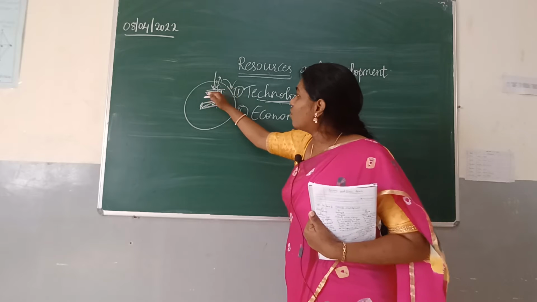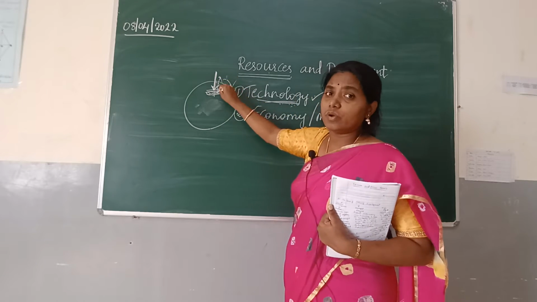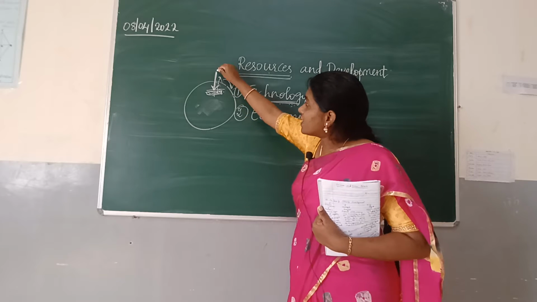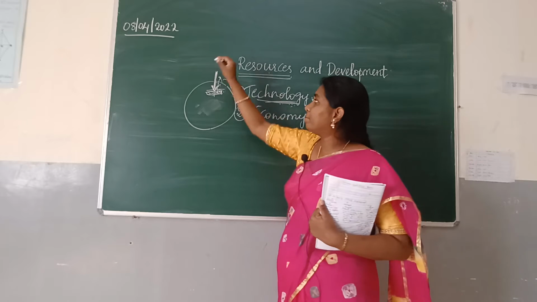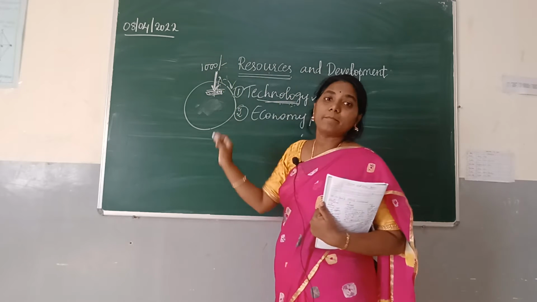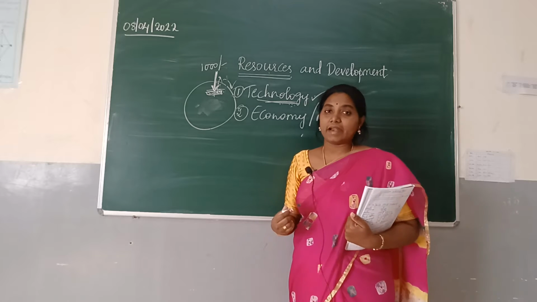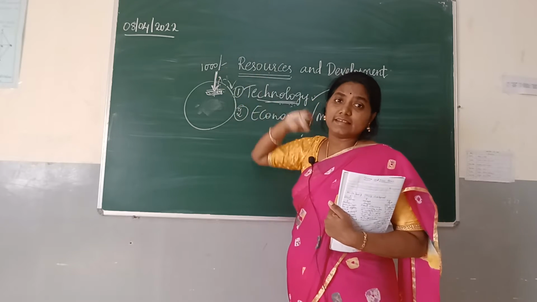Or let us take the same example. So here there is a gold mine. Okay, so I need to go up to here to get this. So to reach this, I need some 1000 rupees. I am giving a very simple number so that you can understand it better. So I will need 1000 rupees to reach this place and get this.